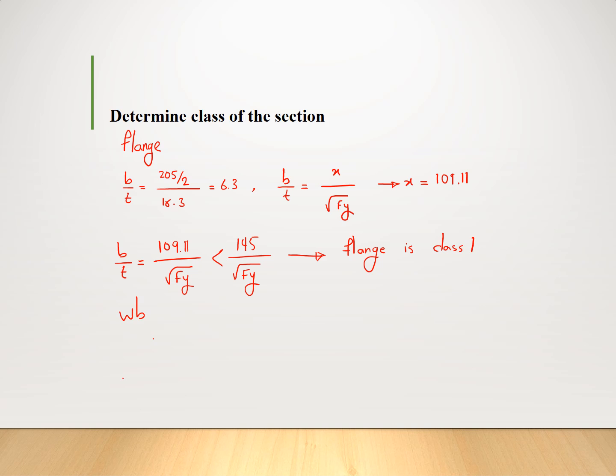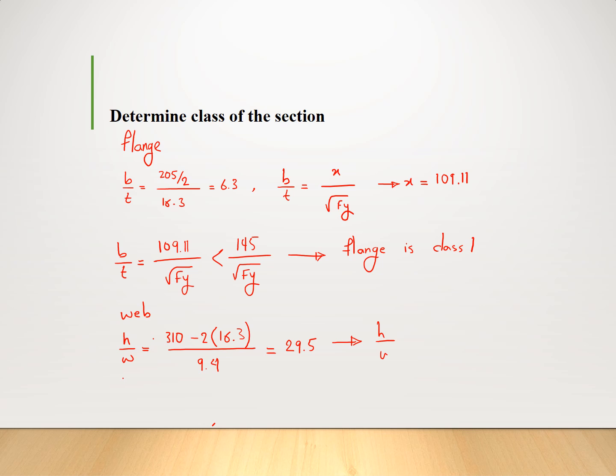Now we have to do the same for web. H over W is equal to 310 minus 2 times 16.3 over 9.4, which is equal to 29.5.